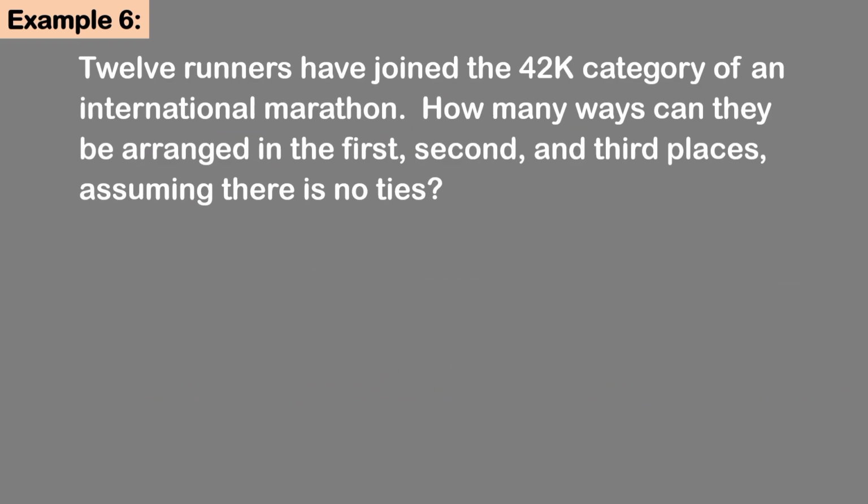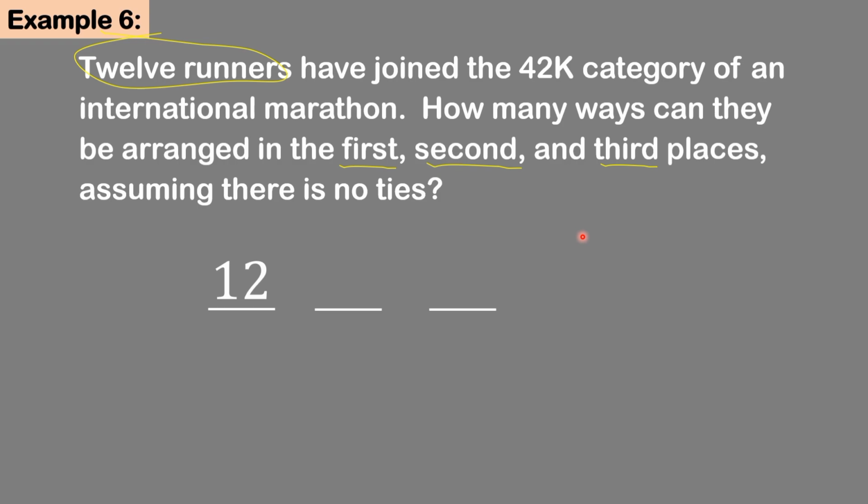Example 6. 12 runners joined the 42K category of an international marathon. How many ways can they be arranged in the first, second, and third places, assuming there are no ties? There are 3 positions to fill in. To choose the first placer, there are 12 possible choices.